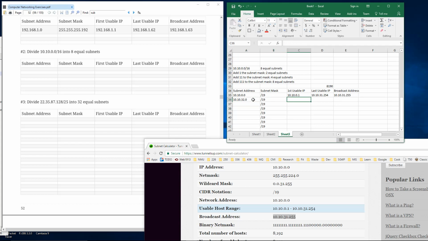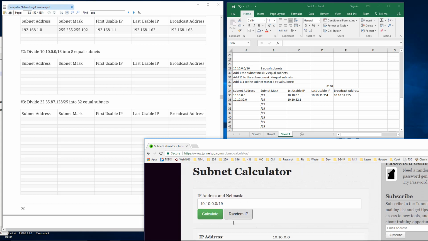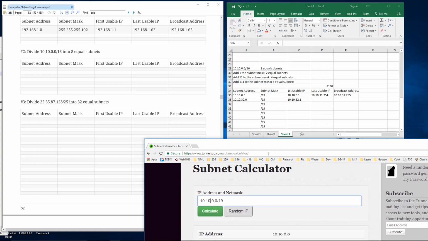First usable IP is going to be 10.10.32.1. What's my last usable IP? Well, hey, let's come here. We learned a new trick, right? Let's use it. So I'm going to put my new network address here, click calculate.